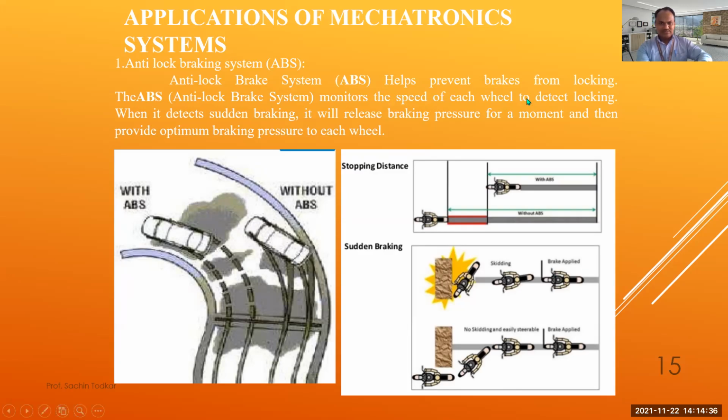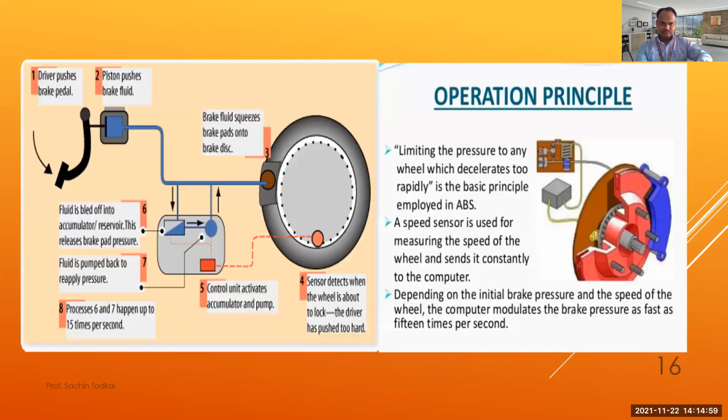It monitors the speed of each wheel to detect locking. When it detects sudden braking, it will release braking pressure for a moment and then provide optimum braking pressure to each wheel. So this is called a feedback looping system. With the help of that, we can have a safer drive with the ABS anti-lock braking system.